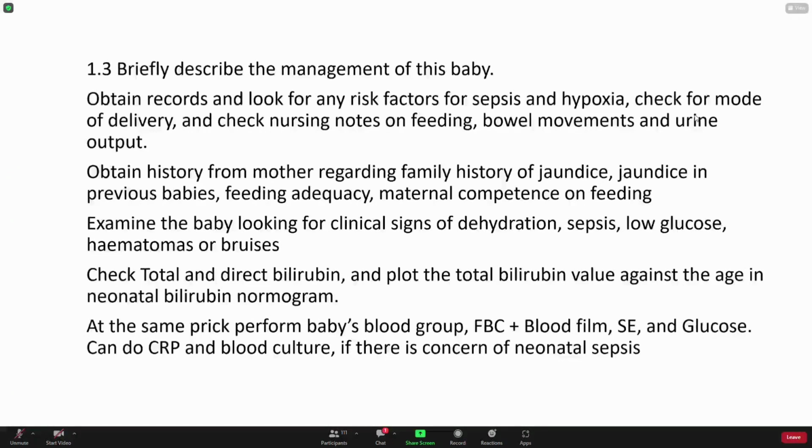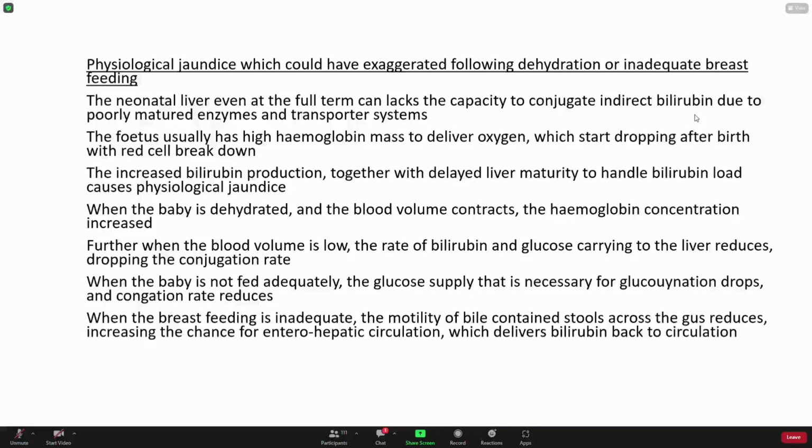Right. Briefly describe the management of this baby. What do you write when they ask to describe the management? If they ask you to describe the management, what are the aspects you are going to write in the answer?